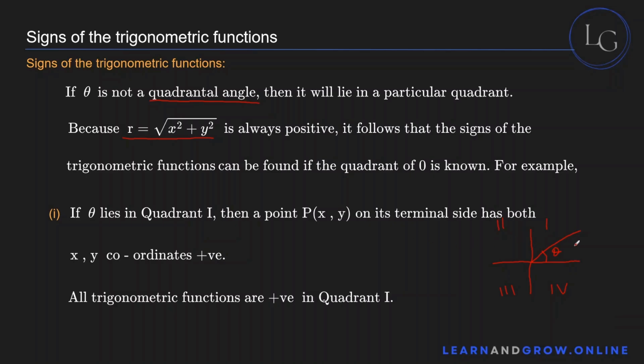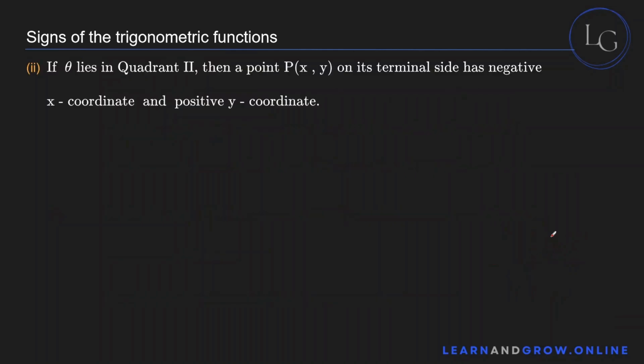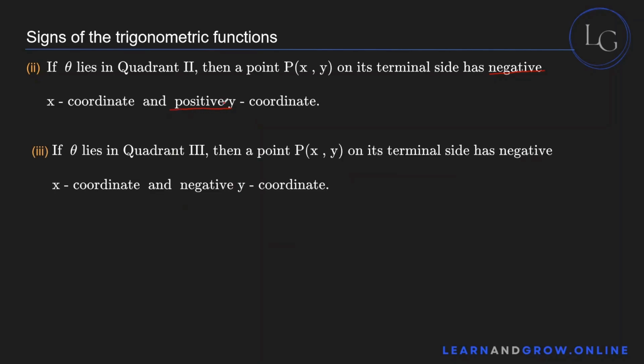Remember, in quadrant 1 all the trigonometric functions are positive, and if theta lies in quadrant 2, then the x coordinate is negative and the y coordinate is positive, and basically only the sine functions are positive in the second quadrant.